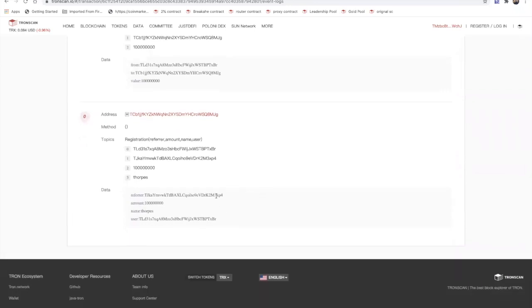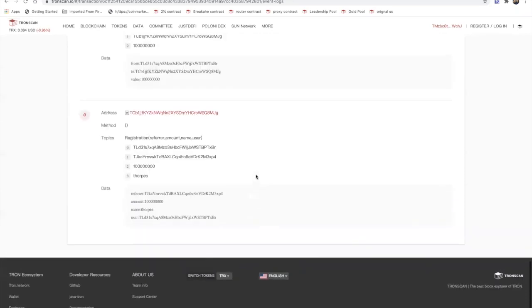And the refer is XP4. If you use the first 3 of the address, it's TJK. So the refer was TJK. This member's username is Thorpe's, and this is the user wallet. So do you see that? They did not enroll through the person who's claiming to be the sponsor.